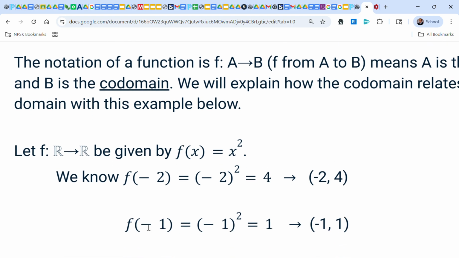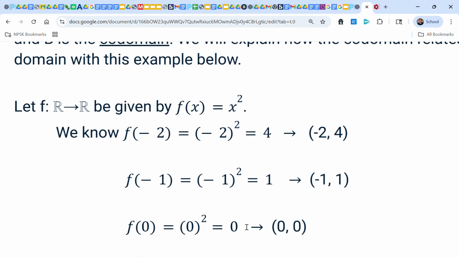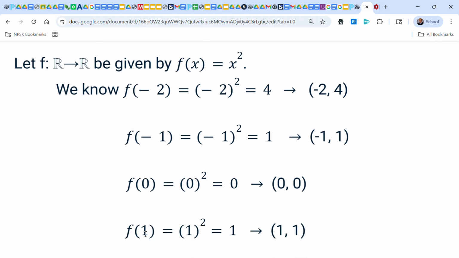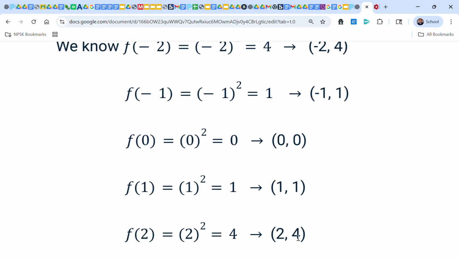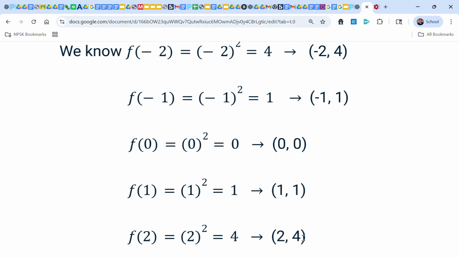For f of negative 1, negative 1 squared is 1, so my input is negative 1, my output is 1. For f of 0, 0 squared is 0, my input x is 0, my output y is 0. My input is 1, my output is 1, because 1 squared is 1. And if I plug in 2, 2 squared is 4, so this plots the point 2, 4.